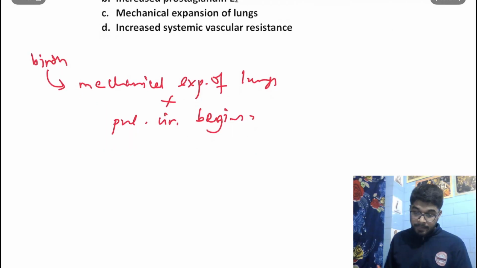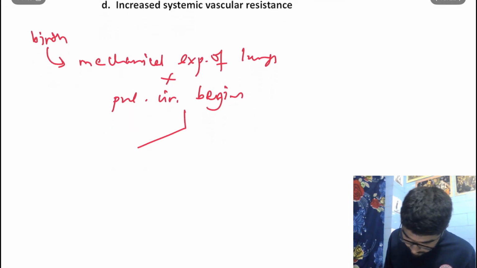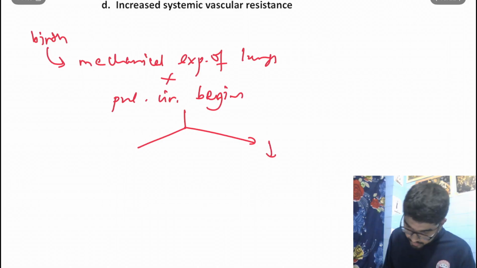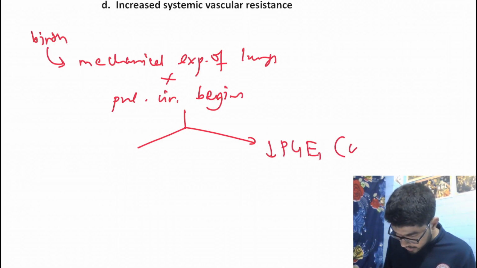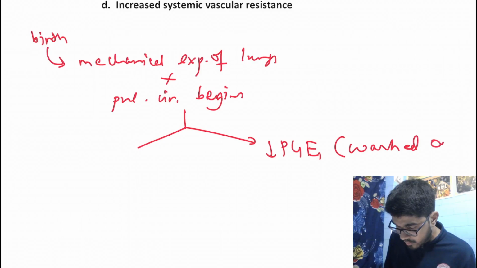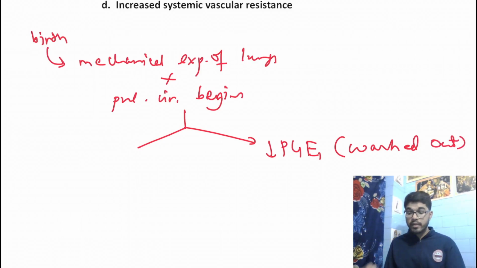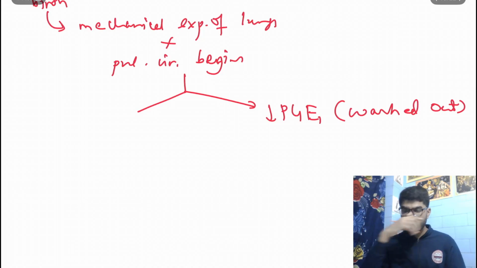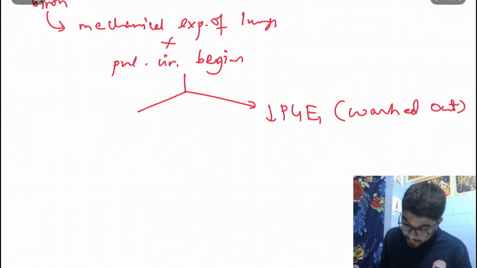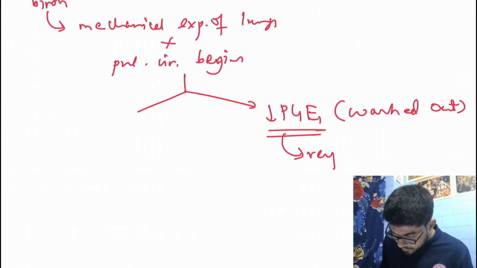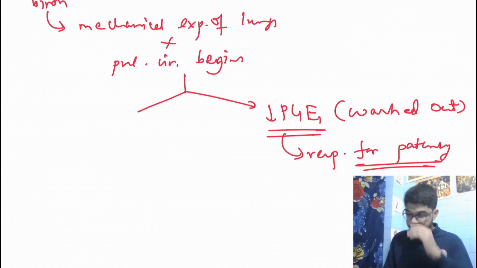As a result, two things occur. Number one, there is a decrease in PGE1, because with the pulmonary circulation the accumulated PGE1 starts to get washed out. This PGE1 was responsible for maintaining patency, so since it is washed out, it will lead to closure.